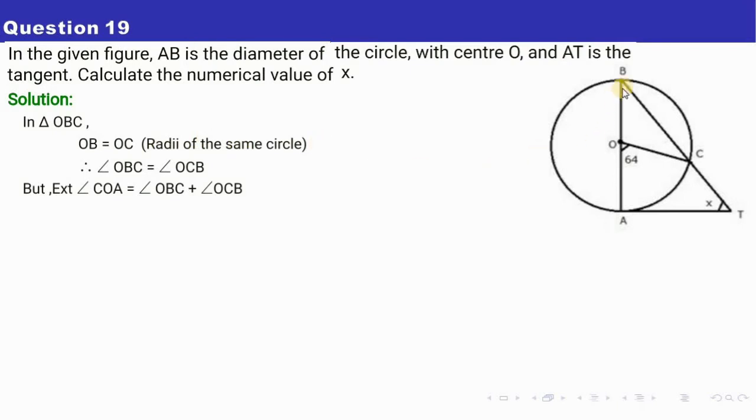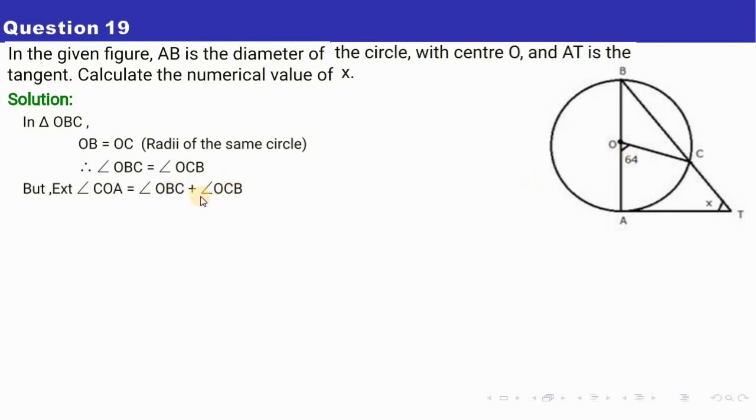Now if you extend this side, this becomes your exterior angle. This exterior angle will be equal to the sum of the opposite interior angles, that is OBC and OCB. So exterior angle COA equals the sum of the opposite interior angles.